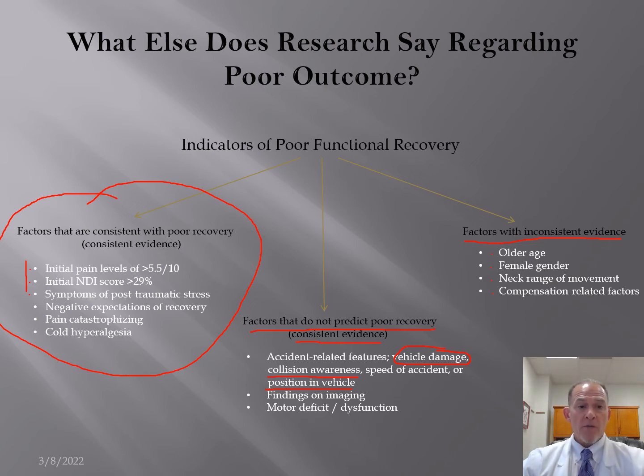These patients may also have negative expectations of recovery or have sustained an injury such that they're experiencing cold hyperalgesia or pain catastrophizing. So these are likely patients that you've had to refer to a neurosurgeon or pain management specialist. These are patients who have not recovered fully with your conservative treatment.